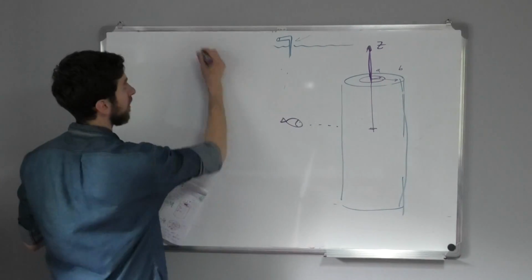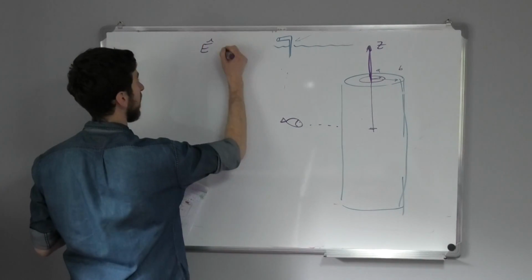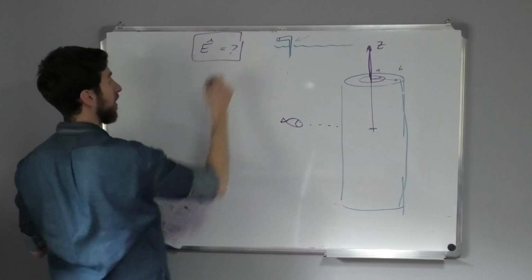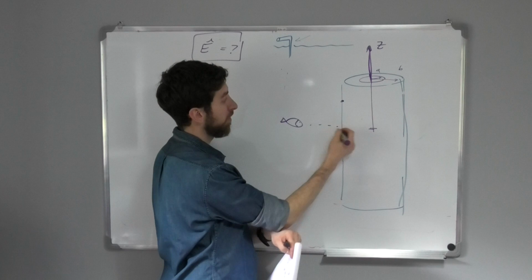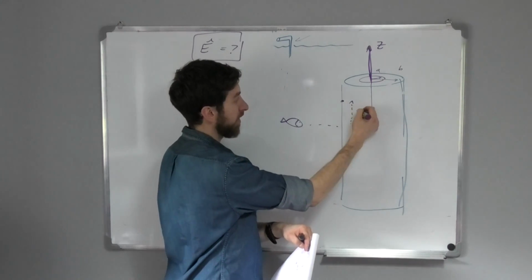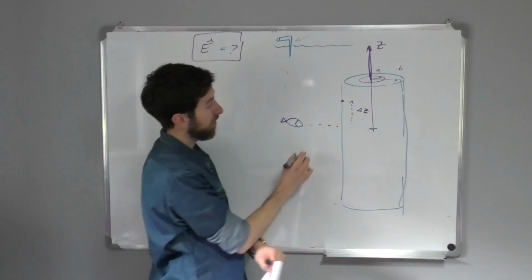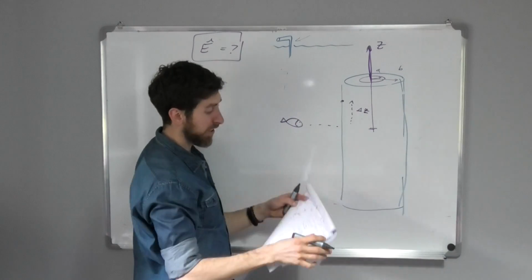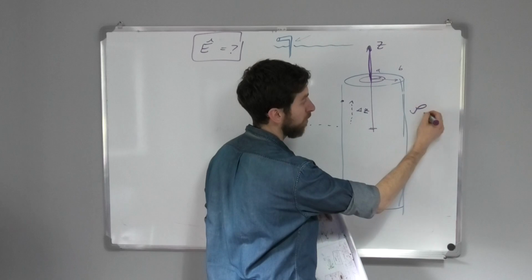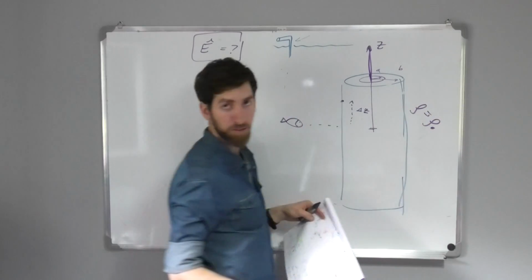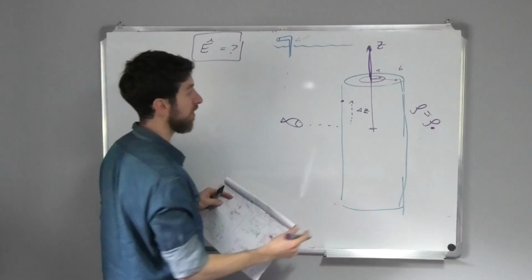So the question is, E direction, what is it? So if you look at it, we can think about here, if we move some delta Z, okay? I didn't say it, but the charge density of this wall is different. Right now it's going to be rho equal to some constant value, okay? Easy, a positive constant value.